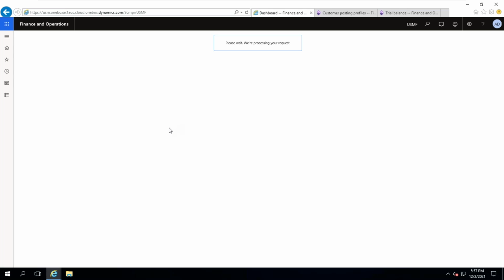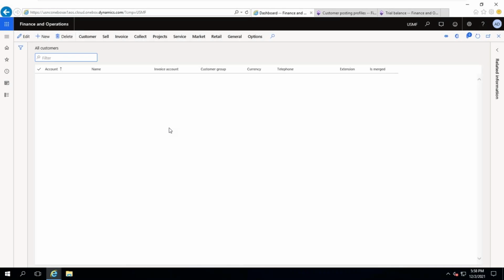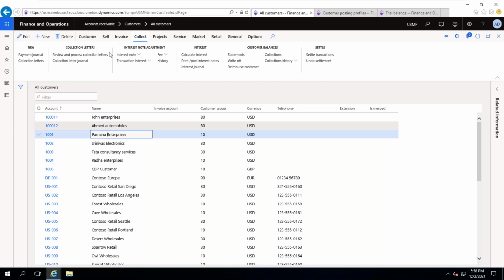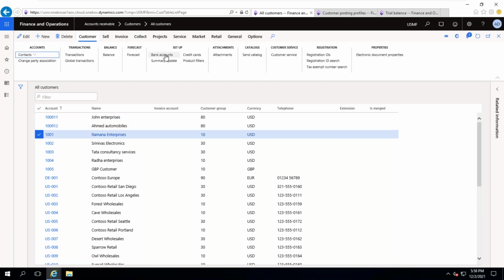Please wait, it is loading. So you can select the customer account and see the balance for individual customers. You can see the transactions, everything. This is called the ledger subledger concept.